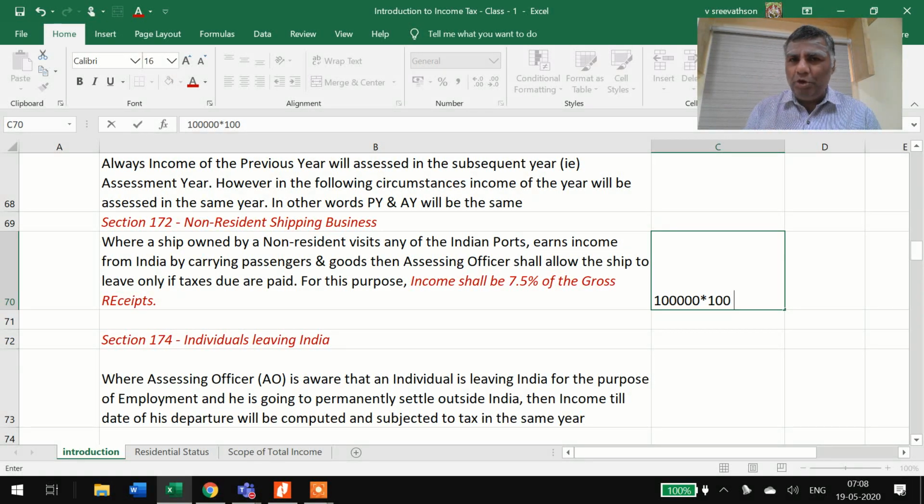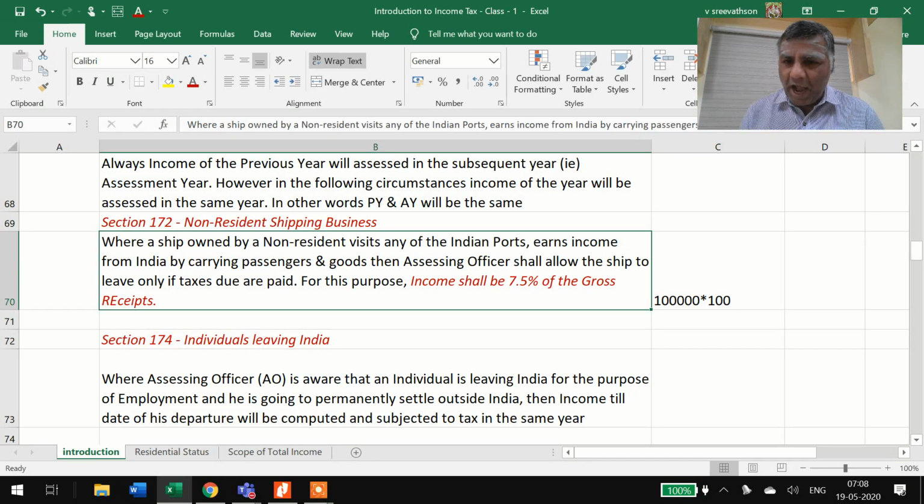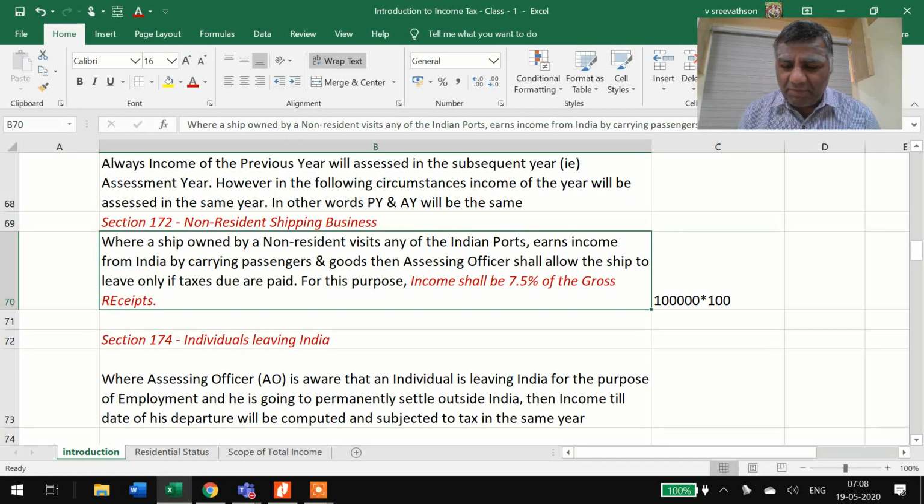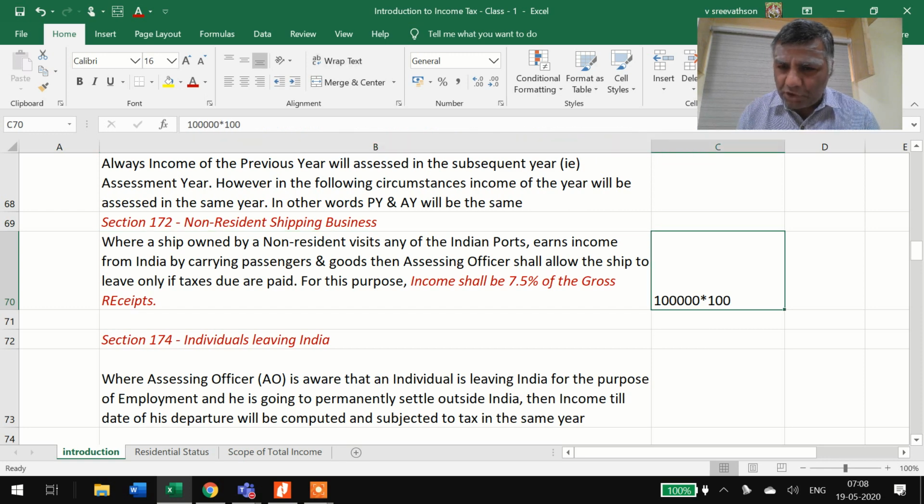You will know the expenditure only if the ship has completed the travel. But you are not even allowing it to start. Where is the question of computing? So here I need to compute it on an assumption basis. So the law says I will take 7.5% of gross receipts, and on this, 7.5% will be treated as income.